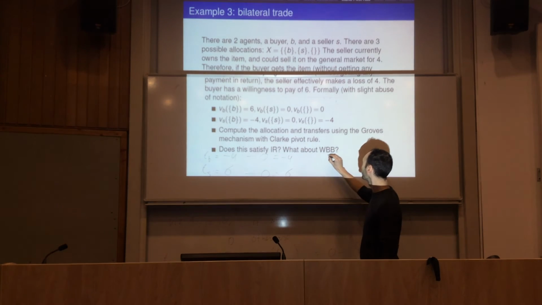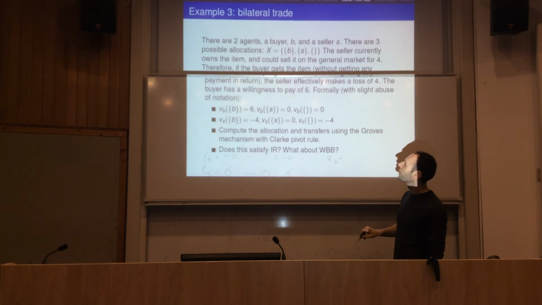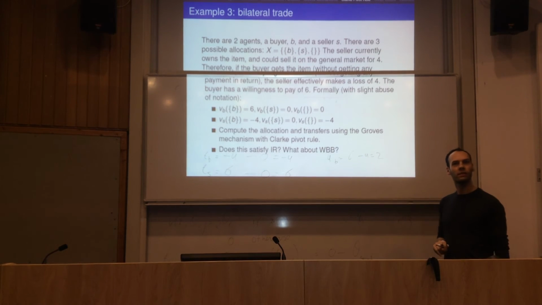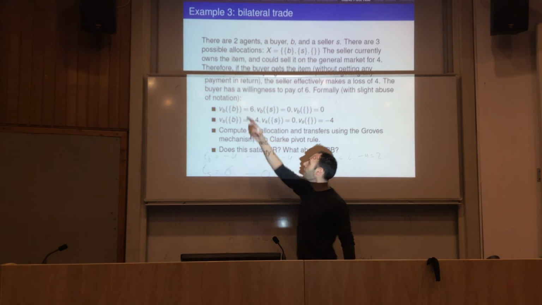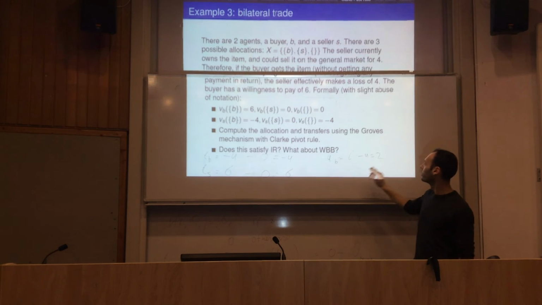So let's look at the utilities. The utility of the buyer: he's getting the value 6, and then he pays 4, so 6 minus 4 is 2.